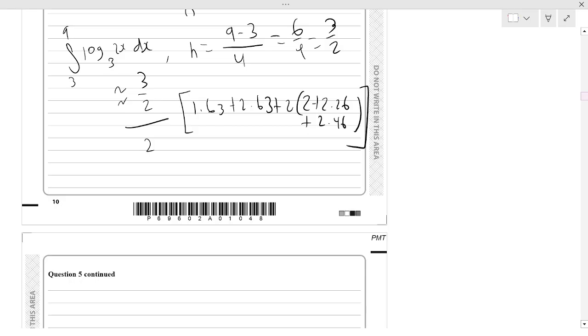Then we just evaluate it, put that into the calculator. So 3 over 2 over 2 would be 3 over 4. So 3/4 of 1.63 add 2.63 add 2 lots of 2, 2.26, add 2.46.